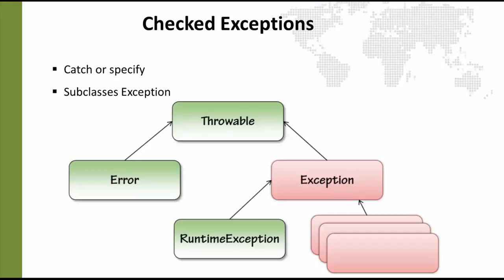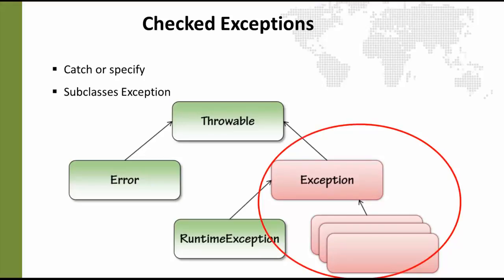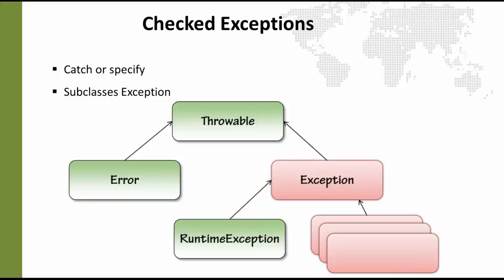If we look at this diagram here, you can see the hierarchy of exceptions in Java. Everything inherits from Throwable, every exception type. From here you have Error and you also have Exception. The ones that I have in red here are checked exceptions. There is an exception to the exceptions, which is that everything that inherits from Exception is checked, including Exception itself.